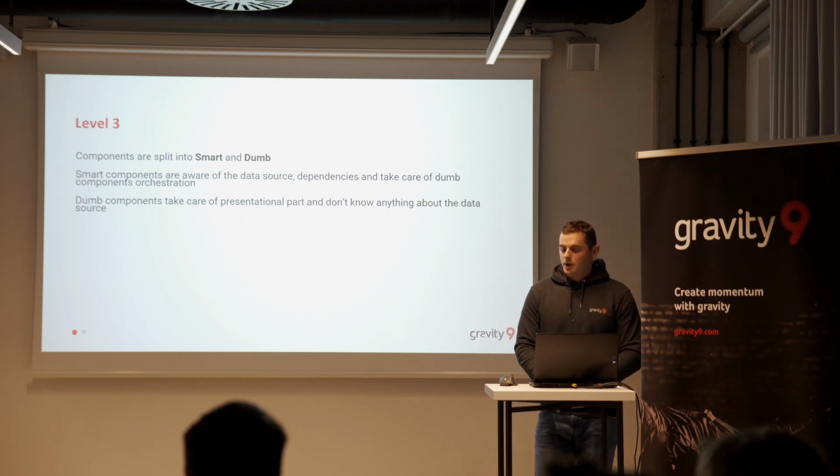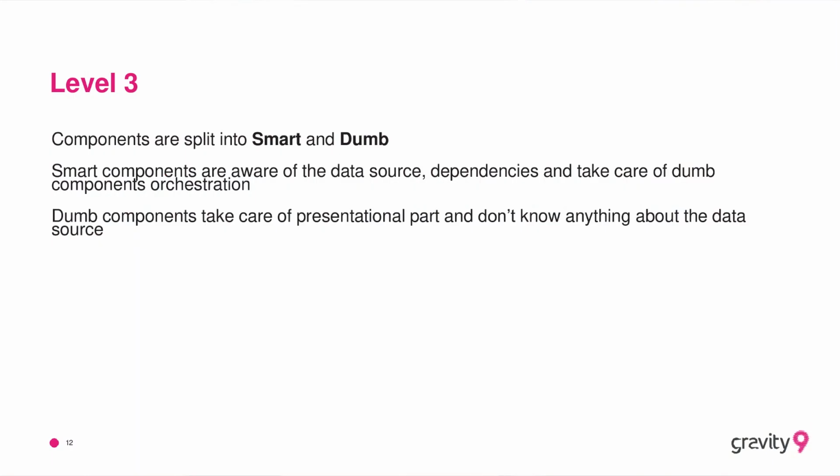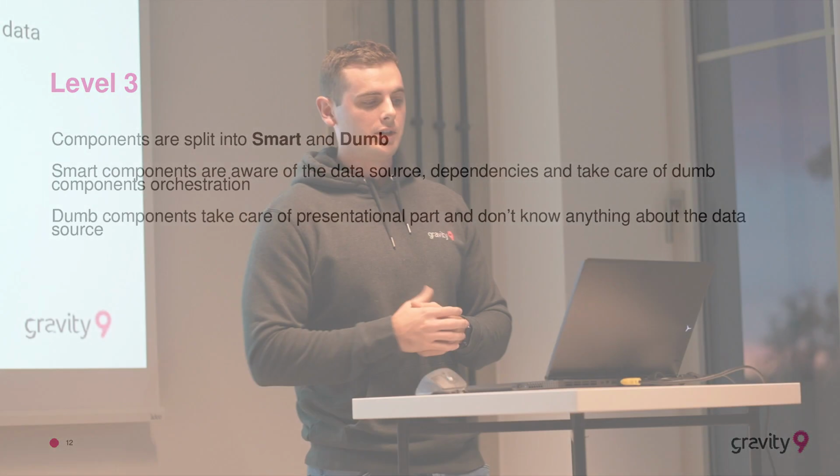So on level 3, you are starting to care about the component responsibilities. And you can split them into smart and dumb components. So basically, smart components are the components that are aware of the data source. They know the dependencies, and they care about orchestrating the dumb components.